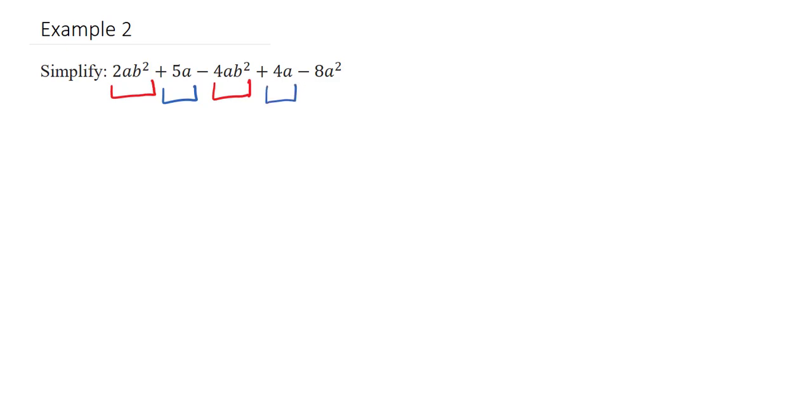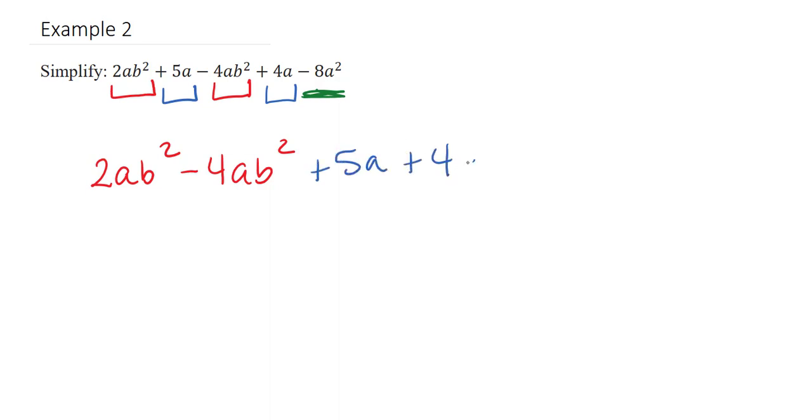And notice we have one that isn't like anything else, so that one will just stay as is. So let's rewrite everything: 2ab squared minus 4ab squared, then plus 5a plus 4a minus 8a squared.